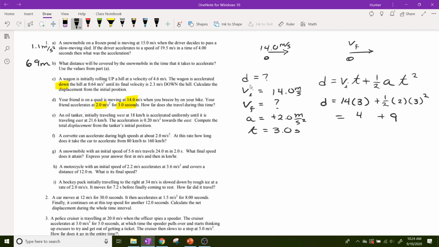Okay, so it's 42 plus 9 is the distance. 51 meters is the total distance that we traveled using the third kinematic equation.